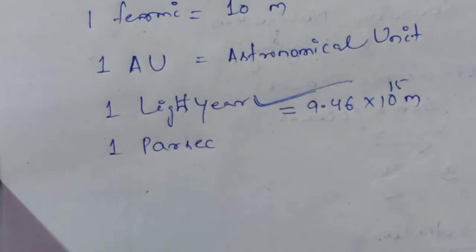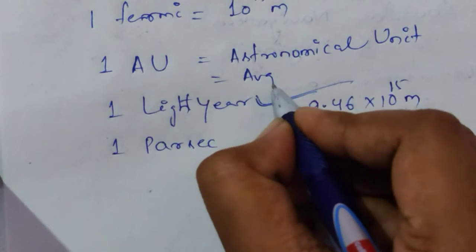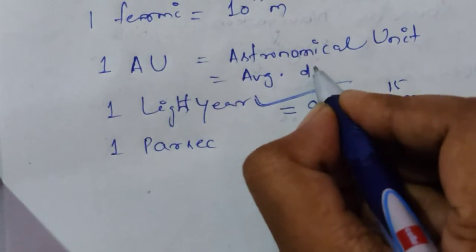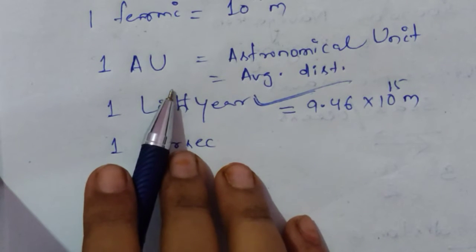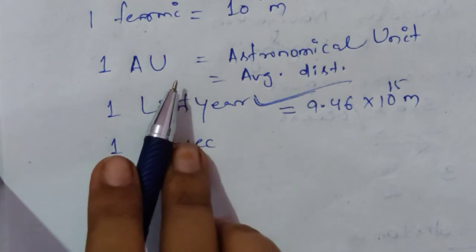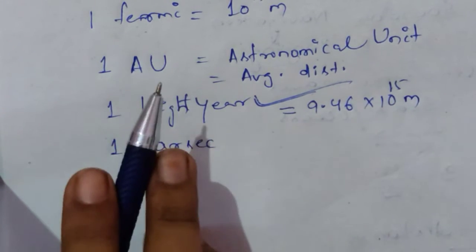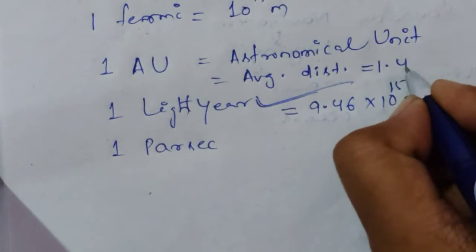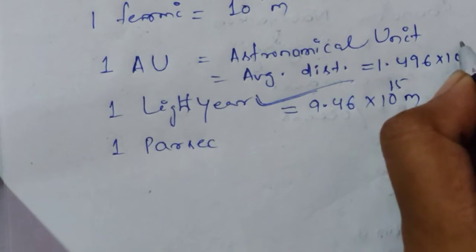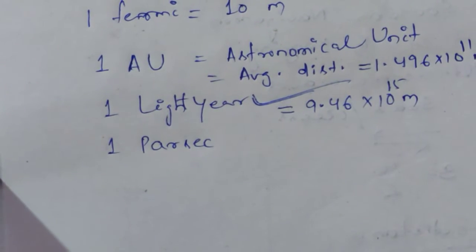Basically this is the average distance of Earth from the Sun. One astronomical unit is the average distance of Earth from the Sun, and it has a value equal to 1.496 × 10^11 meter.